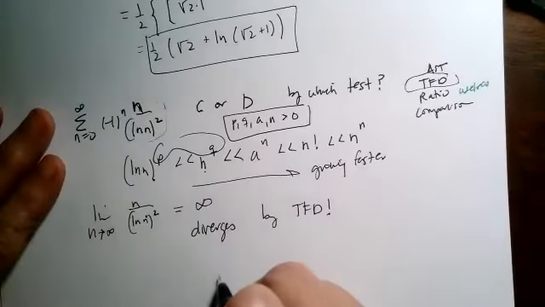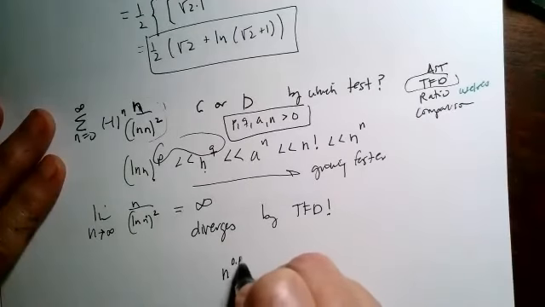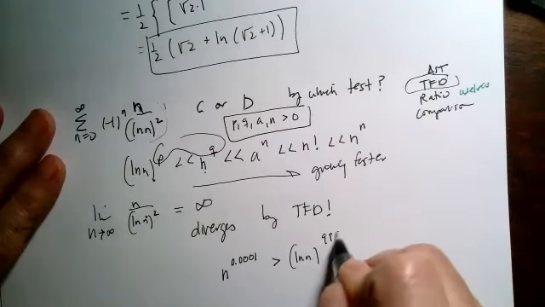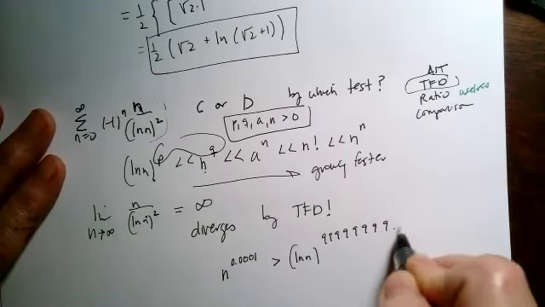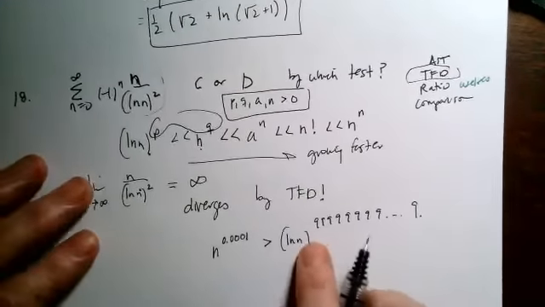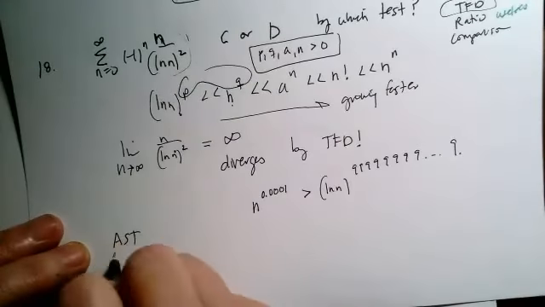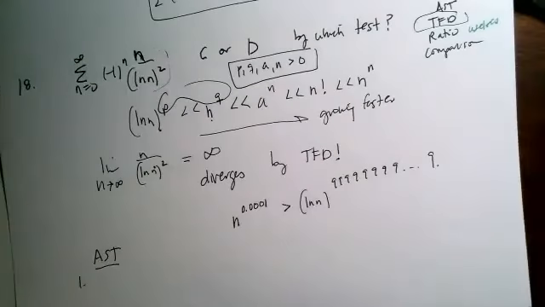Yeah, so n to the 0.00001 grows faster than the log of n to the 9999999 eventually. Okay, because what are the conditions for AST? Do you remember what alternating series told us?